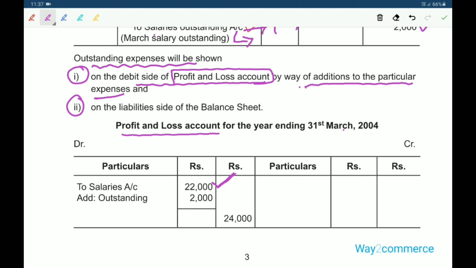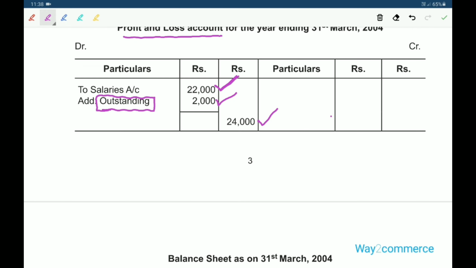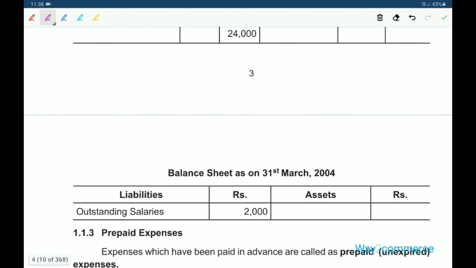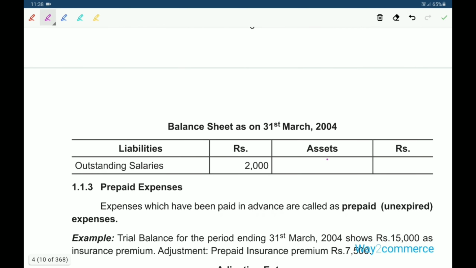Next, the outstanding amount belongs to this financial year only, 2,000 rupees. Total transferred to this year: 24,000 rupees. Next, on the liability side of the balance sheet, because it has to be paid, this is a liability. So on the liability side, outstanding salaries account.